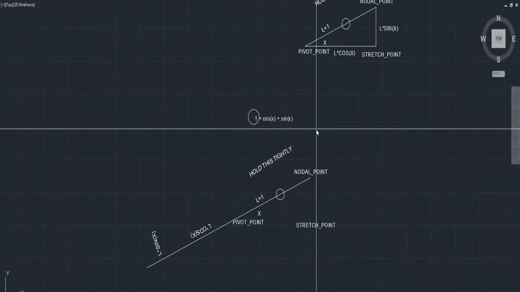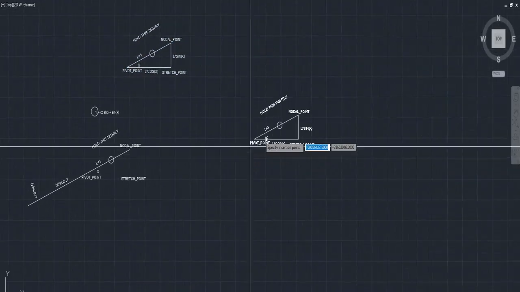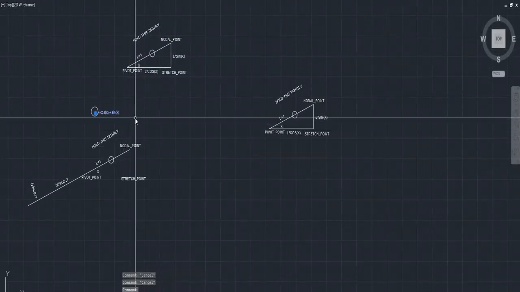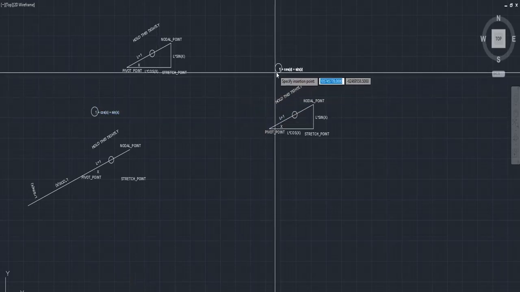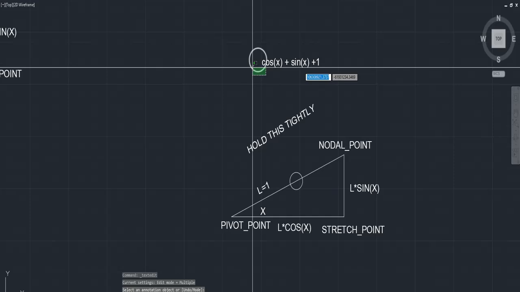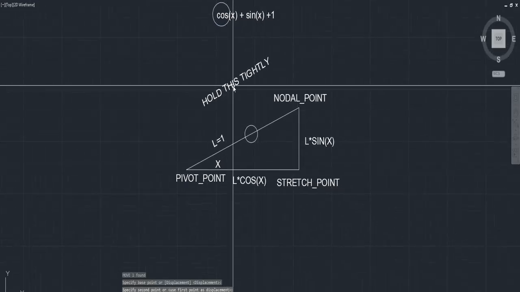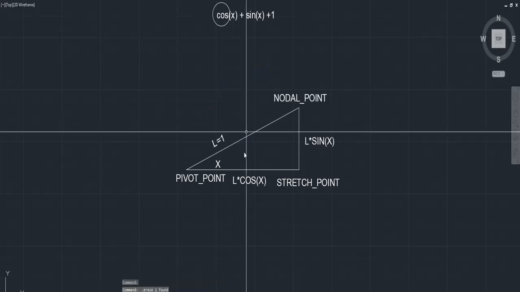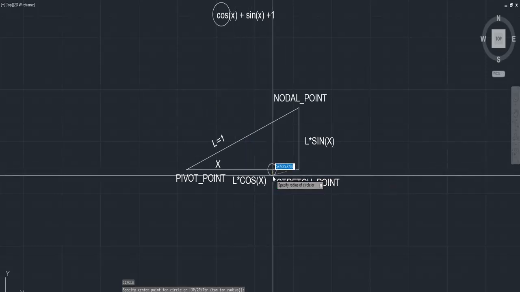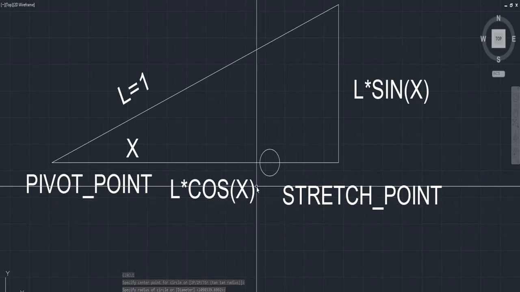Similarly, if we want to write it as cos x plus sin x plus 1, then obviously we are holding the cos x line segment first, and we will not allow this cos x to move.